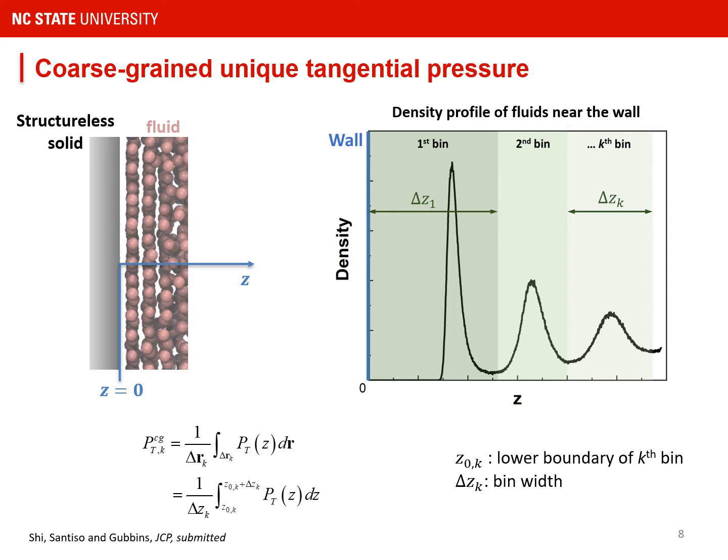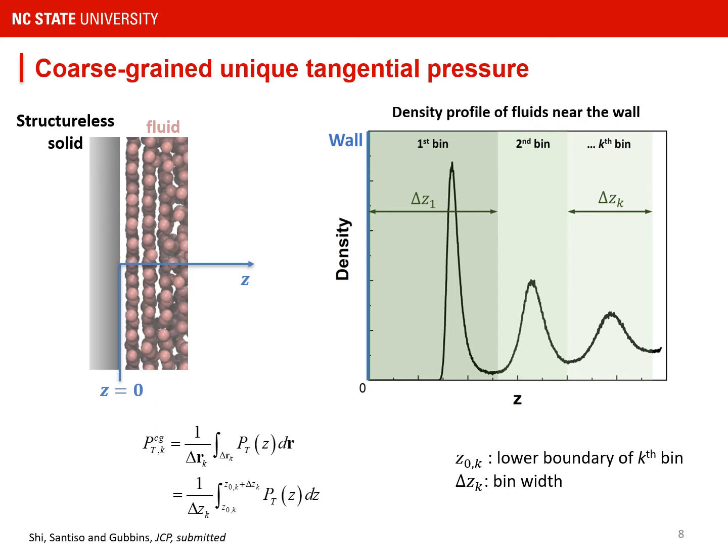For example, the first bin contains the first adsorbed layer, and the second bin contains the second adsorbed layer, and so on. The bin width is denoted by delta z. Then we can calculate the coarse-grained tangential pressure in each bin by spatially averaging the local tangential pressure over the bin volume, as you can see from the equation below.